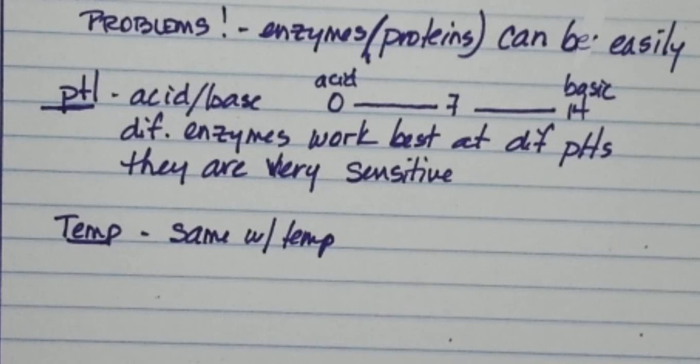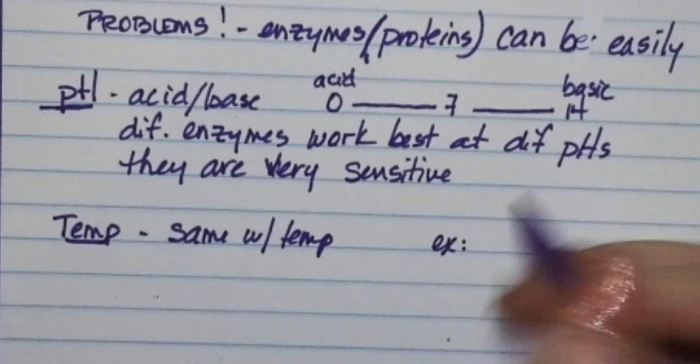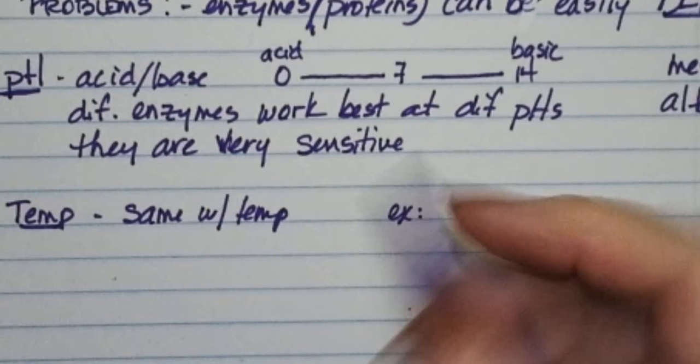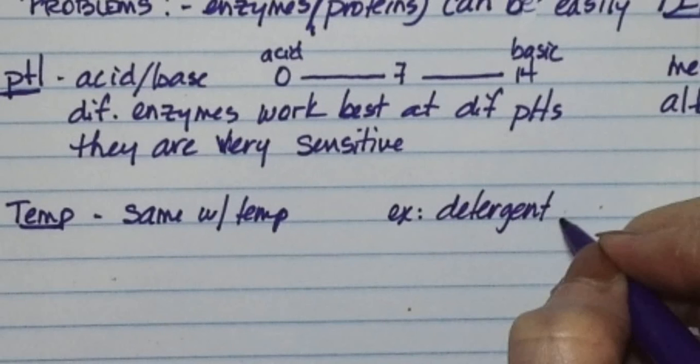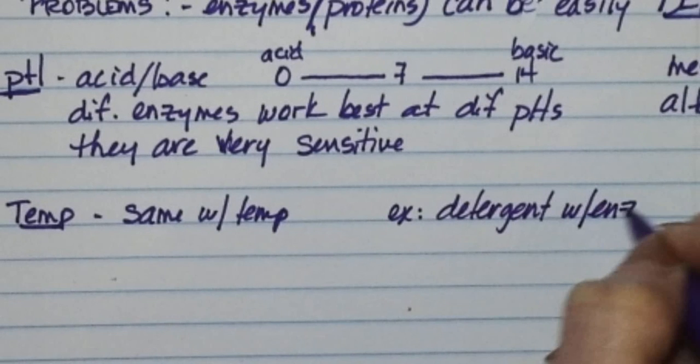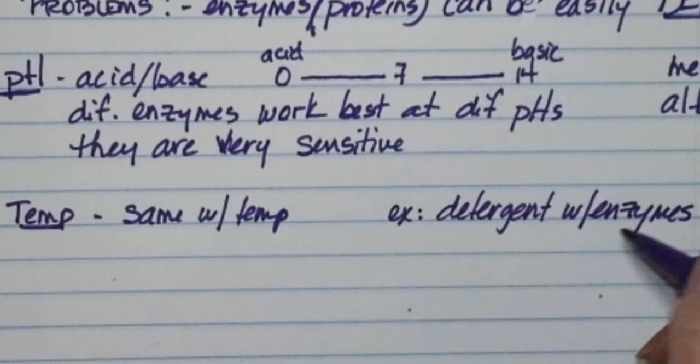And again, let me give this example, because I think this is one that every single one of you will have access to. Detergents: if a detergent has an enzyme in it, and they do have enzymes because it helps them clean stuff better, the detergent with enzymes works better in cold or warm water.